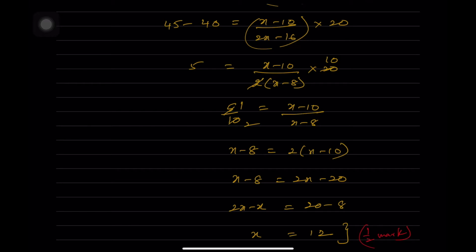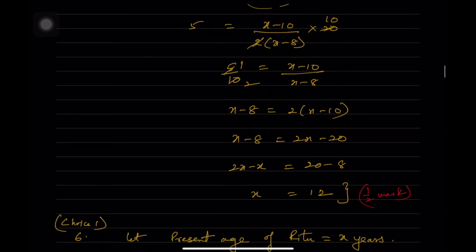Bring all the like terms to one side. I took this 20 to the other side and x to this side. So 2x minus x is equal to 20 minus 8, x is equal to 12. This is the value of the missing frequency. This is half mark if you are writing the answer.